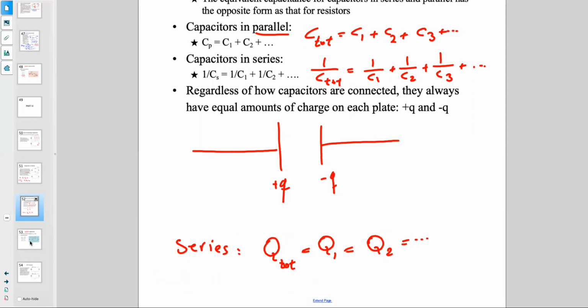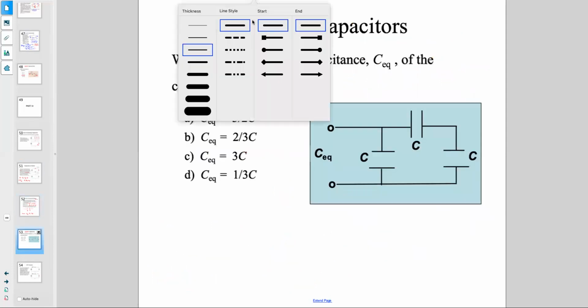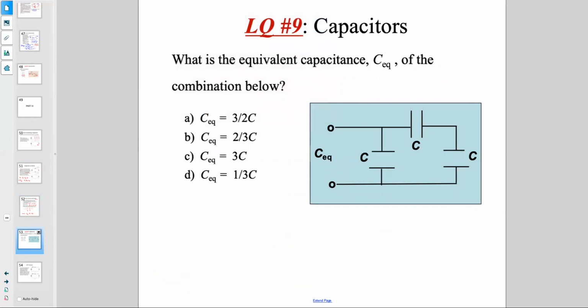So let's go back to this. What's the equivalent capacitance of the combination below? We have 2 capacitors connected in series.